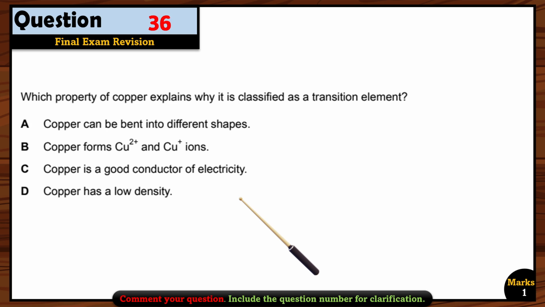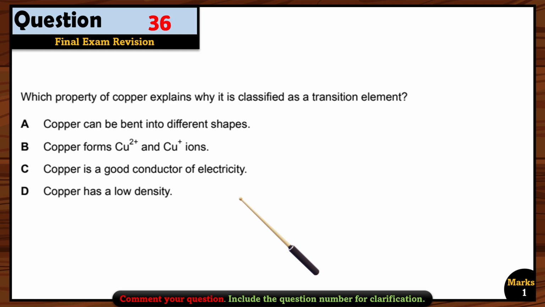If you look at your periodic table, they are in the center and no group number has been assigned to them. Why? Because their oxidation state cannot be predicted. Their oxidation states are different because their last two shells are incomplete most of the time, so they can have different oxidation states.